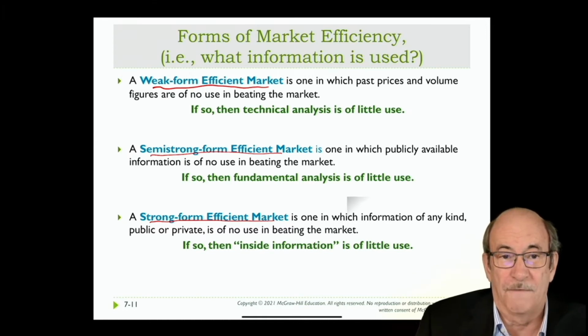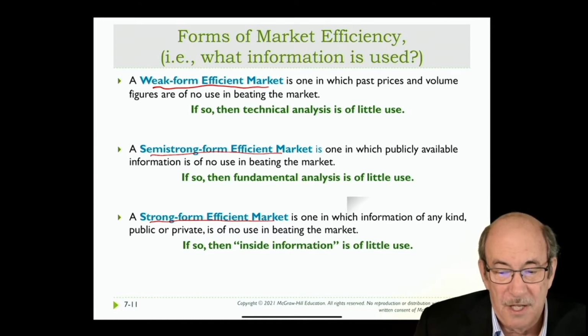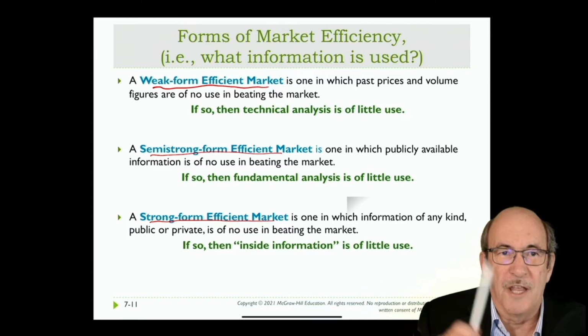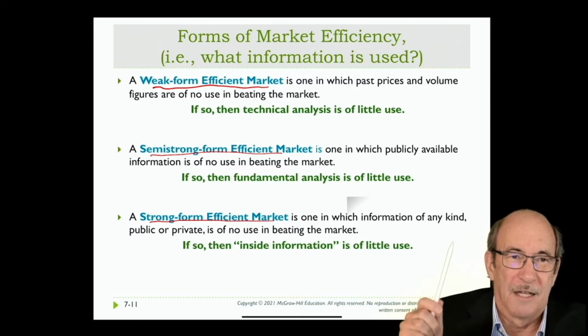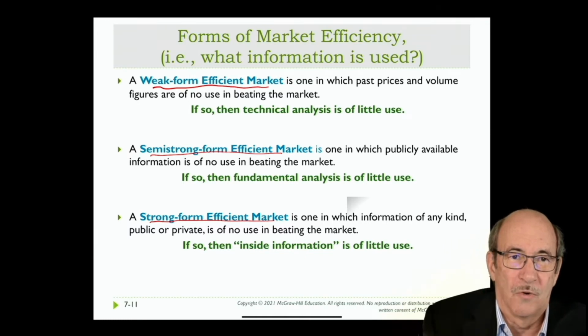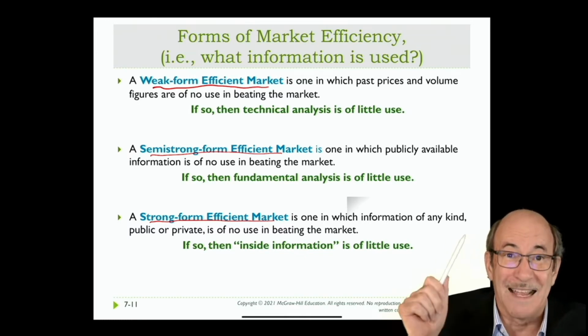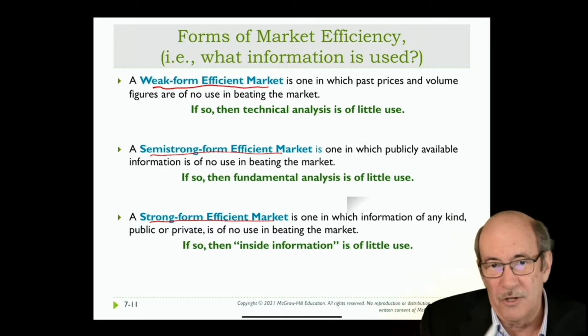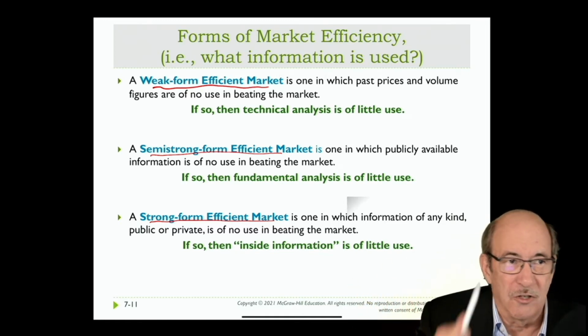Weak form market efficiency says that the prices already have impounded in them all the information embedded from prices, historical prices, and historical volume. In other words, I could analyze the heck out of the historical price series and the historical volume series, and I still can't beat the market.